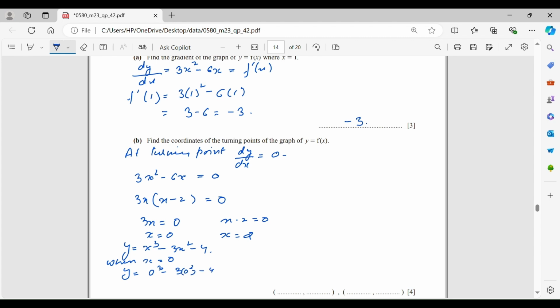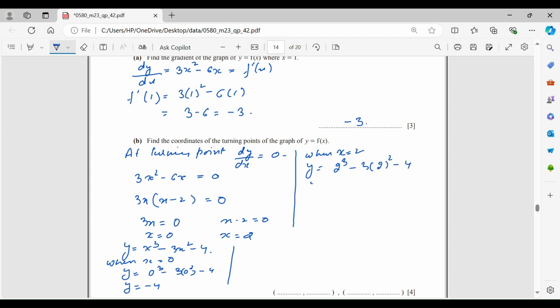So y will be equal to minus 4. And here when x is equal to 2, y will be equal to 2 cube minus 3 into 2 square minus 4.